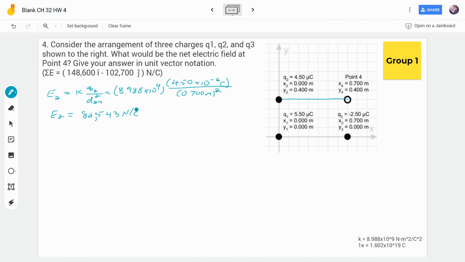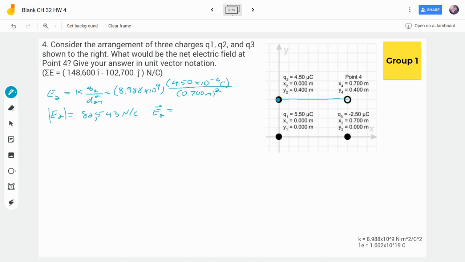Now, if I were being more careful with my notation, which I guess I should be, what I should be writing is this. This is the magnitude of E2. And when I want to express it in vector terms, I should really be writing it like this. So E2 with a hat is equal to, okay, let's figure this out.